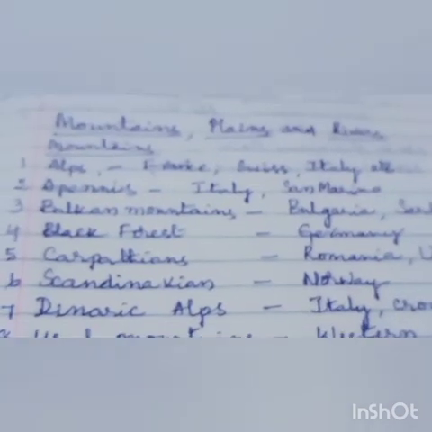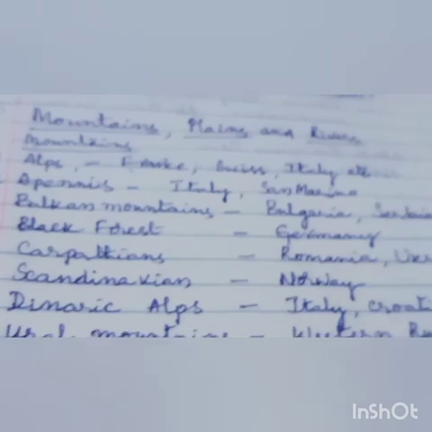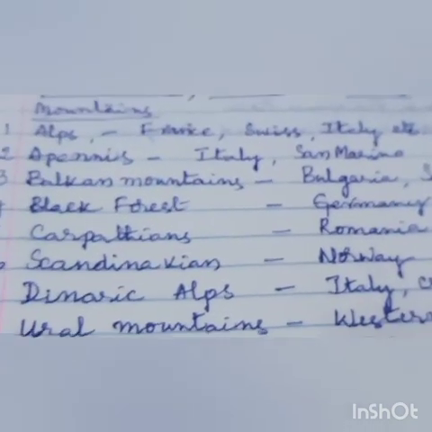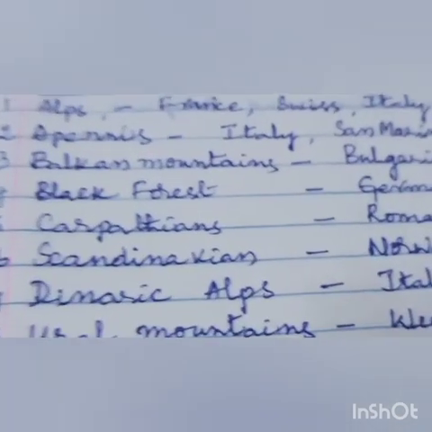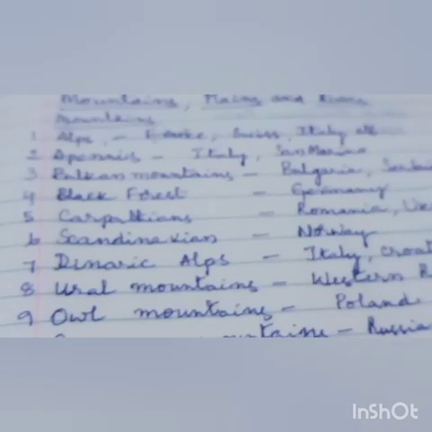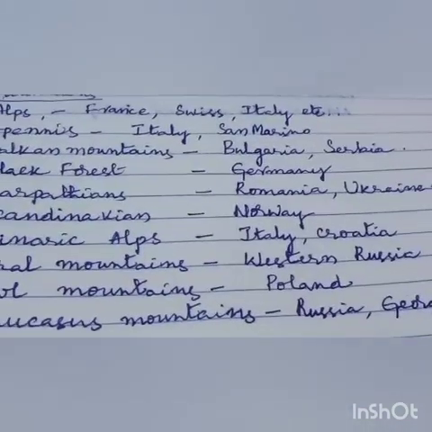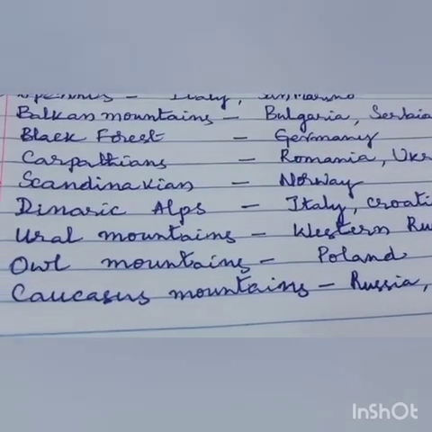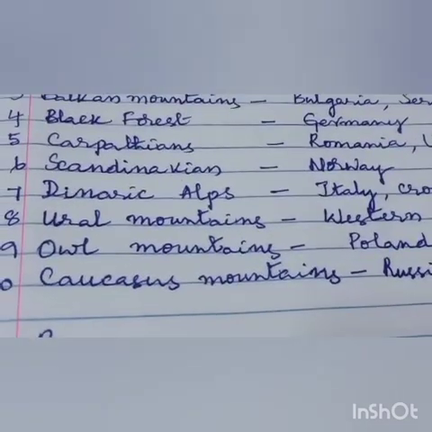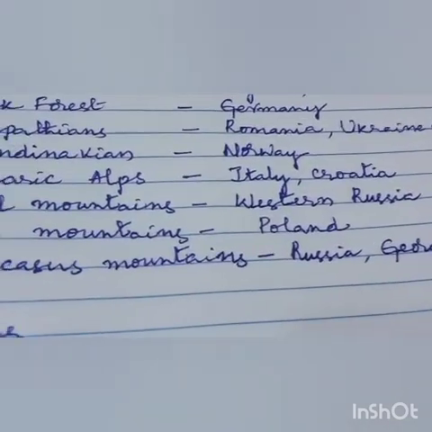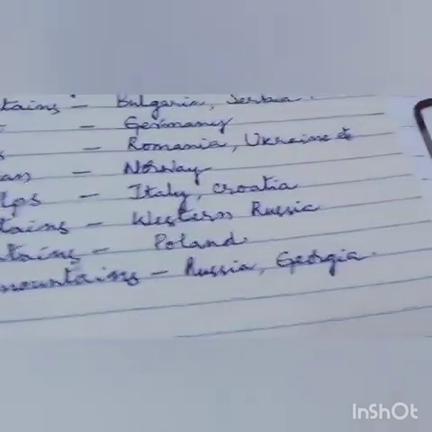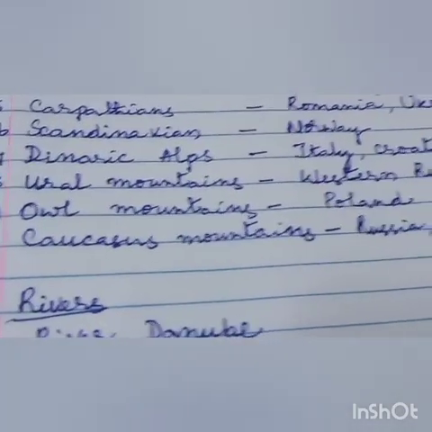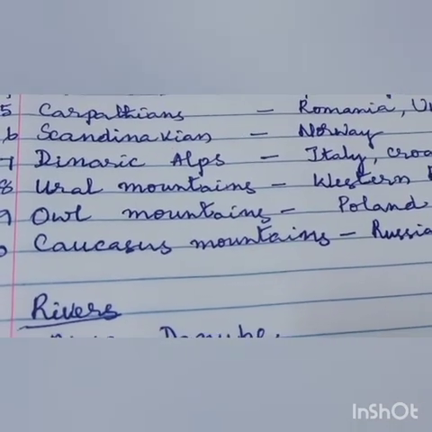There are the Alps, which are in France, Switzerland, Italy, etc., and the Apennines in Italy and San Marino, the Balkan Mountains in Bulgaria and Serbia, the Black Forest in Germany, the Carpathians in Romania and Ukraine, the Scandinavian mountains in Norway, the Dinaric Alps in Italy and Croatia, the Ural Mountains in western Russia, and the mountains in Poland, and the Caucasus Mountains in Russia and Georgia.